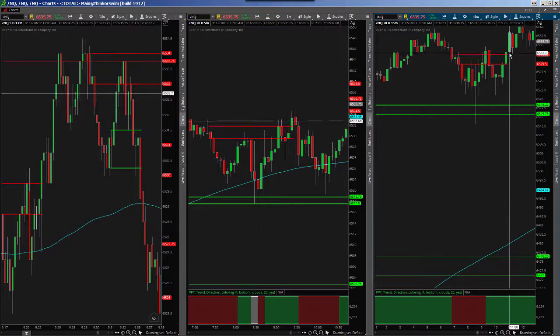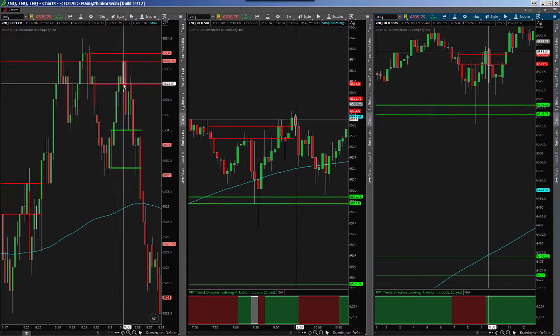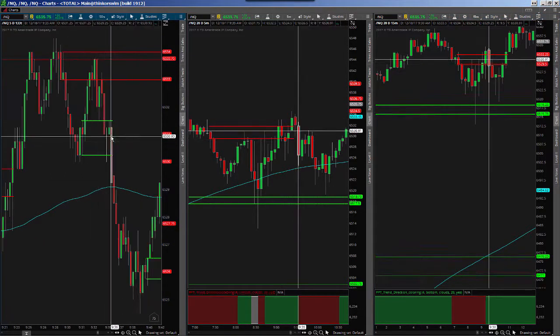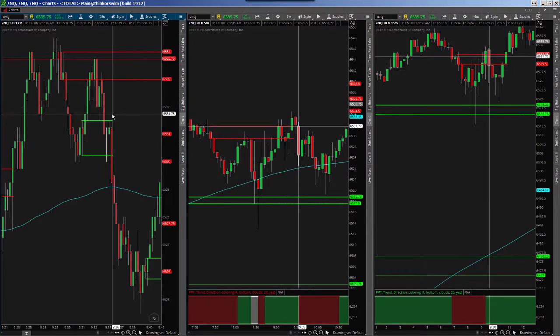So 32.25 is the top. This is 33. So that actually is not within 2 ticks. Okay, so never mind, that's actually not a trade. Sorry guys, I'm looking at this for the first time today, so I just want to make sure. Gosh, that's so close, isn't it?